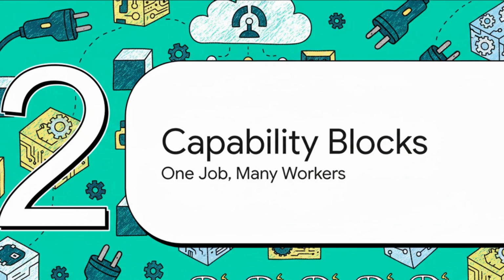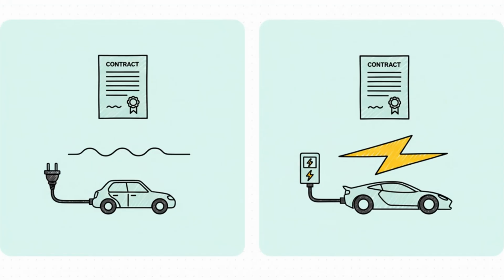The analogy is perfect. It's like you've written up a bunch of job descriptions, and now you can hire all sorts of different workers as long as they're qualified for that specific job. And this is where the magic really happens. Look at this. We've got a standard AC charger and a super fast DC charger. They've both signed the same iCharger contract.